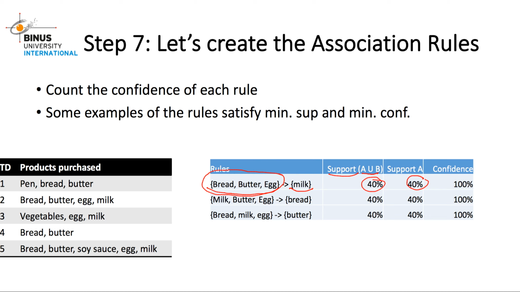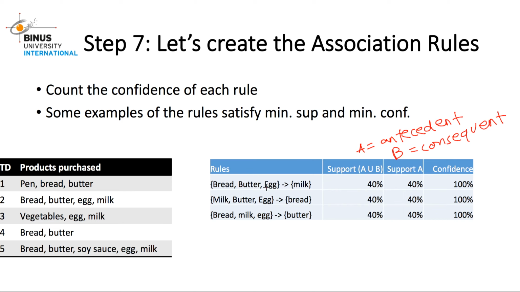Let's calculate. Let's see the example. The support of A, A is the antecedent, B is the consequent. So bread, butter, egg, milk together appears once, twice.